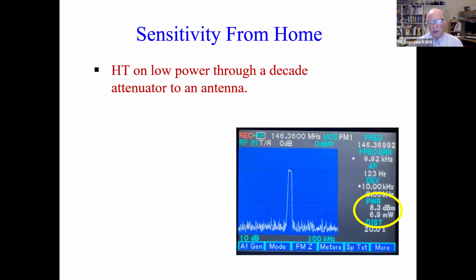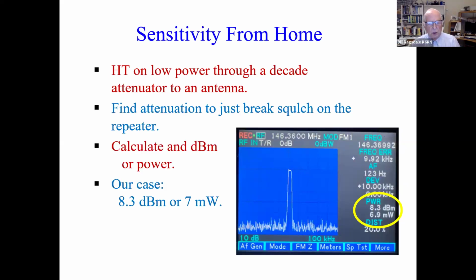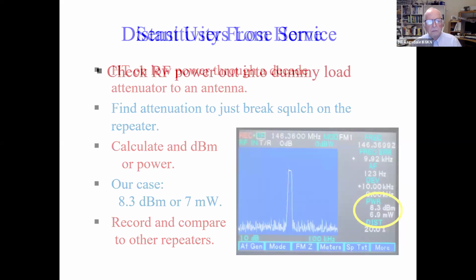And so if the repeater comes in later on and, say, instead of 8.3 dBm, I've got to go to say 14, 15, 16, with that large a signal level, I must be having some kind of a problem. So there is our math on that. 8.3 dBm is the power level, 7 milliwatts.